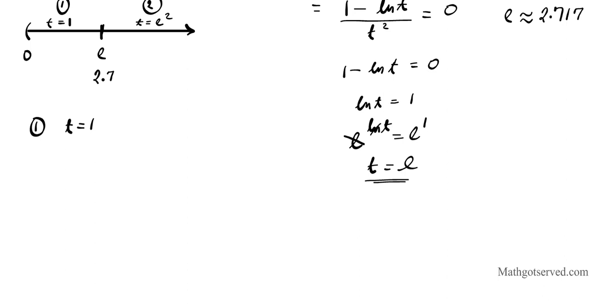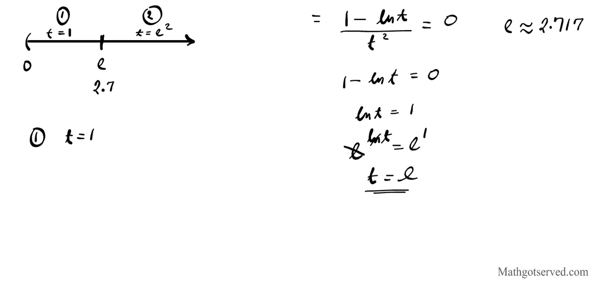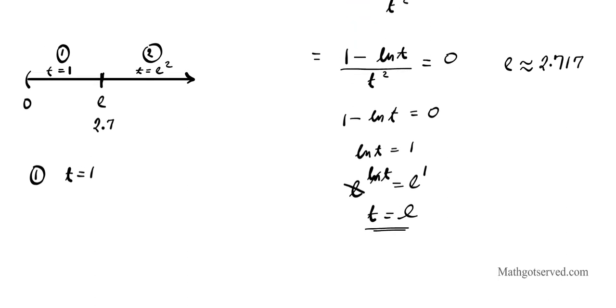We're plugging it into the first derivative, which is, what is the first derivative again? Let's see, first derivative. Yeah, there it is right there: 1 minus ln t over t squared. So we have y prime equals 1 minus ln t over t squared.